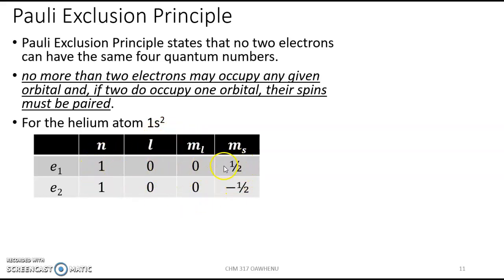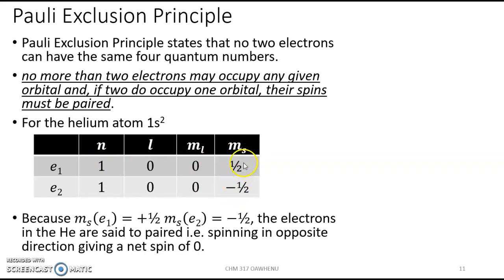Then it means that the spin value must be different. One of them is half, the other is negative half, which means their spins are paired. When we say the spins are paired, one has a positive half and the other has a negative half, and the implication is that the electrons are spinning in opposite directions.